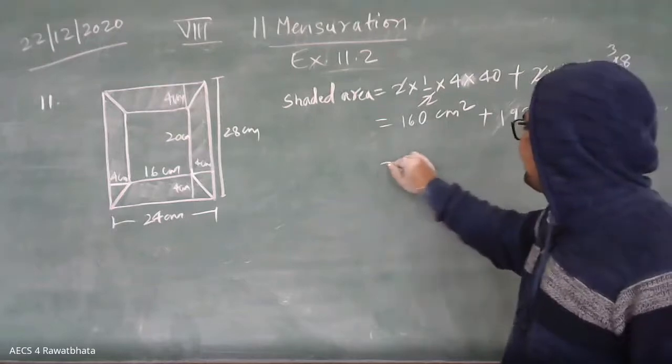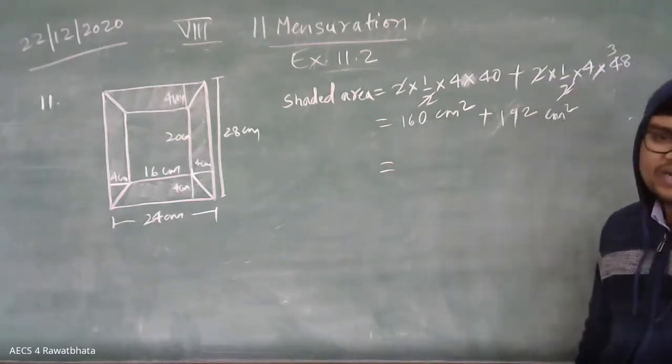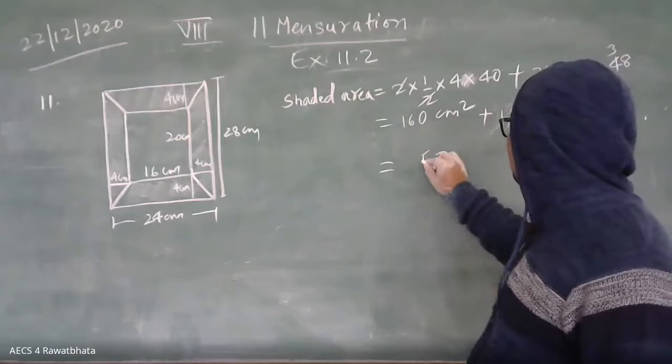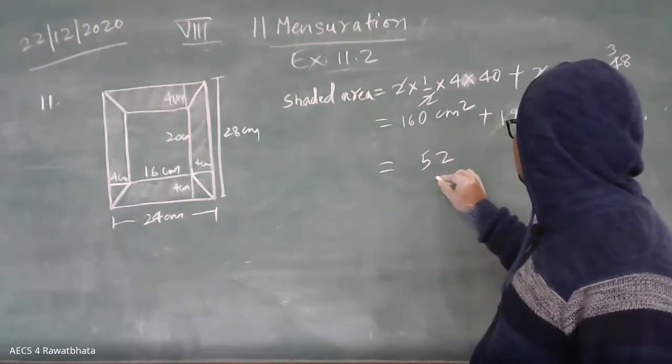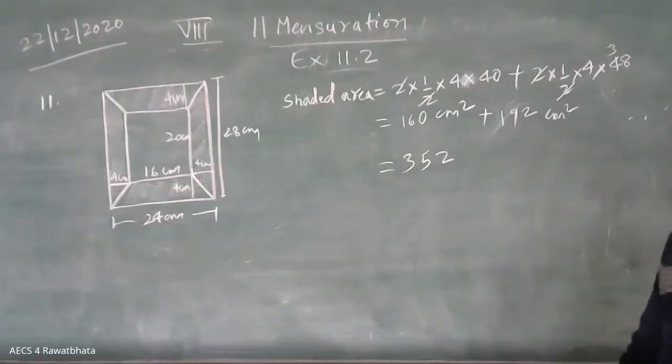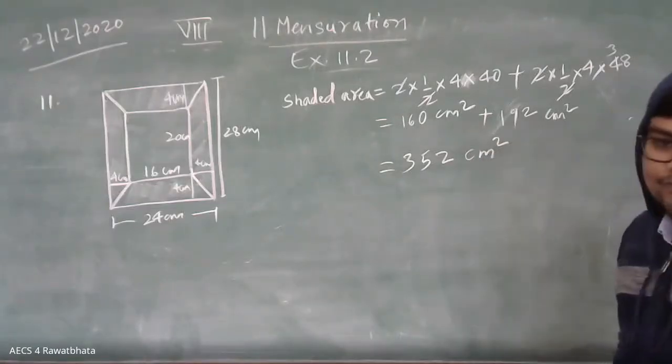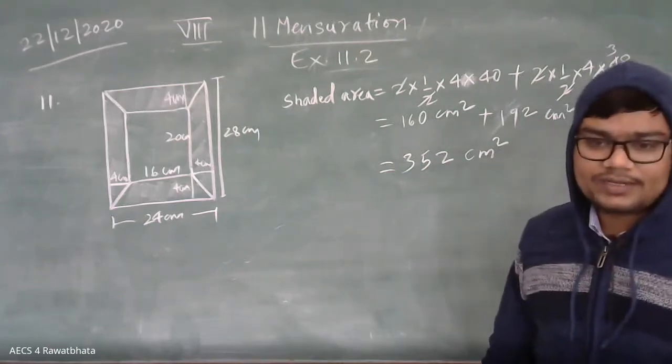Find out the sum. 160 plus 192 is 352 centimeter square.